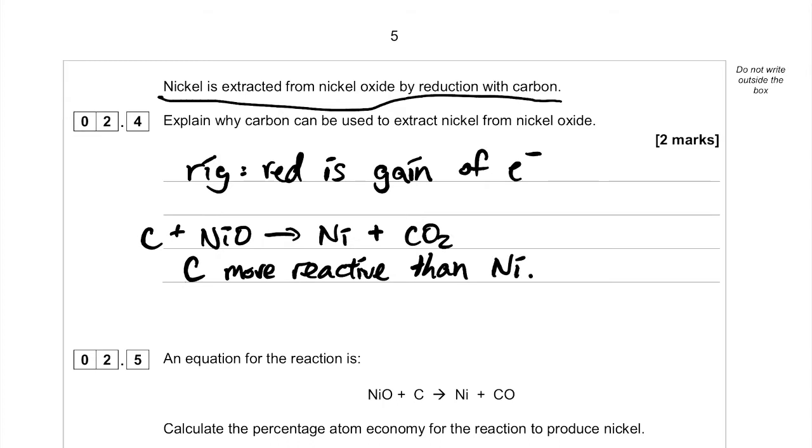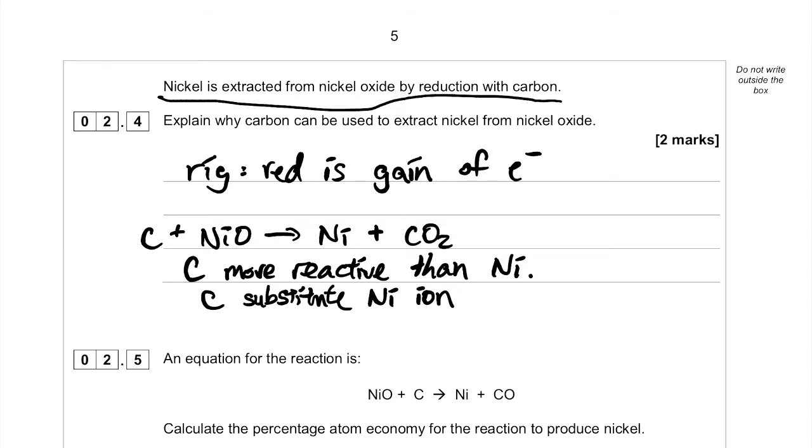So with this insight, we can just say that because of that, the carbon will substitute the nickel ion, and so you can use it to extract nickel from nickel oxide.